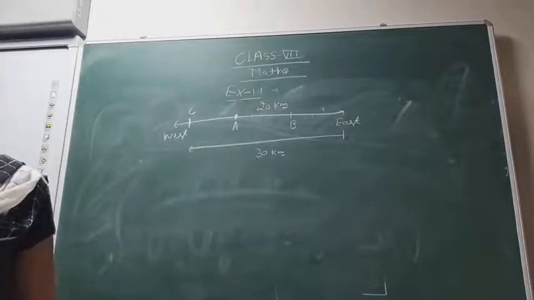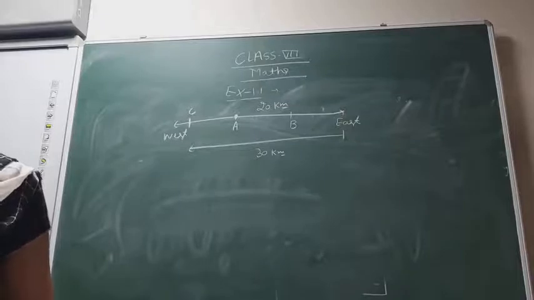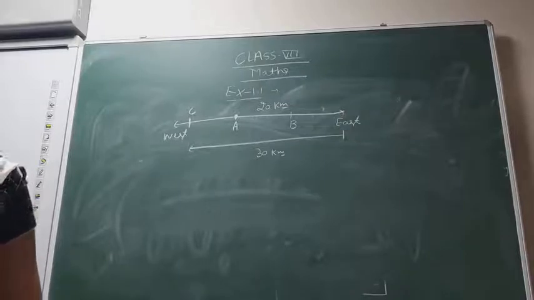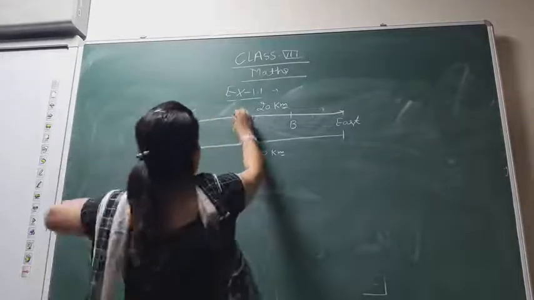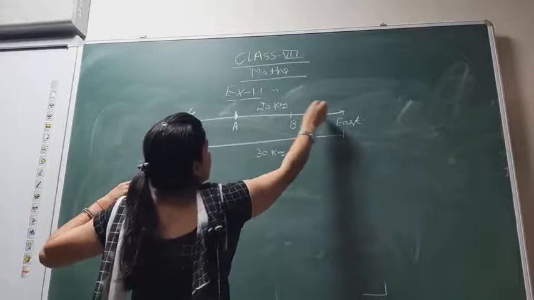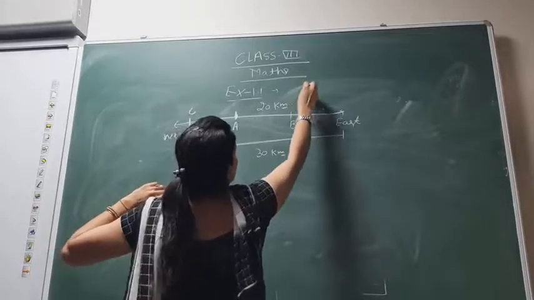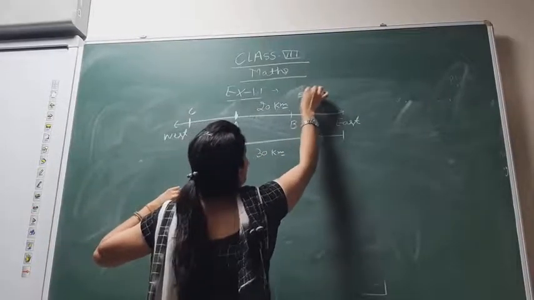Now, if the distance towards east is represented by a positive integer, then how will you represent the distance traveled towards the west?